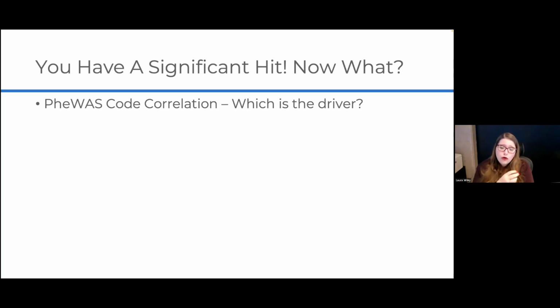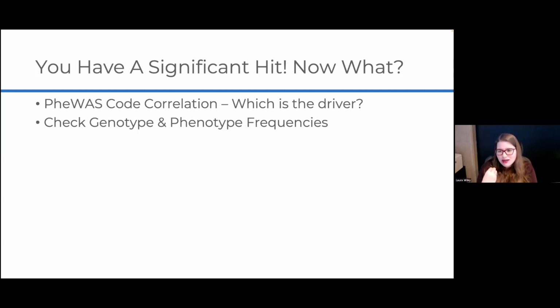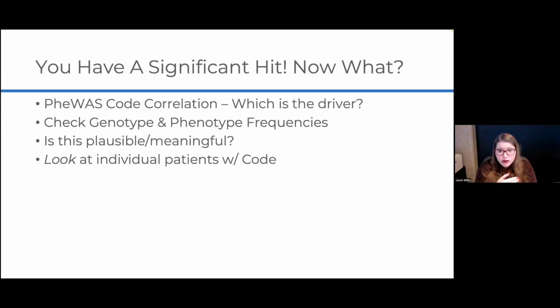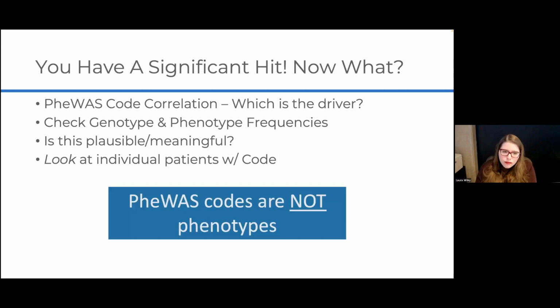You have to do a lot of work to take those association findings. So look at your genotype and phenotype frequencies. Ask yourself, is it plausible? Is it meaningful? Does it make sense biologically? Actually look at the individual patients with the code and their records to understand what the driver and the follower codes might be. And always remember that PheCodes are phenotype-like.